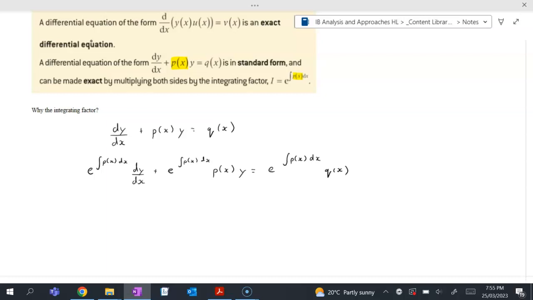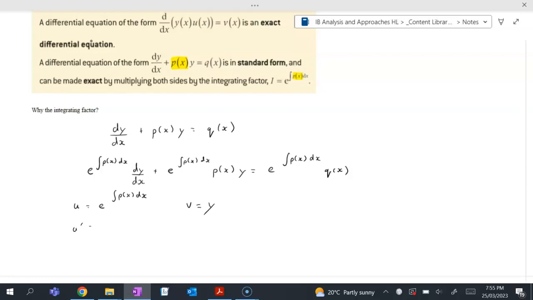Well, how does that help? Let's think about it carefully. Let's say u is equal to e to the integral of p of x dx, and let's say v is y.